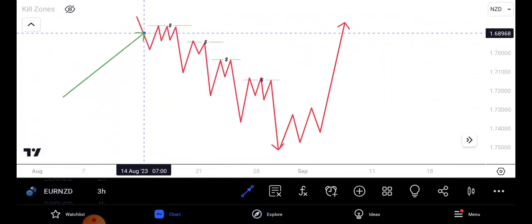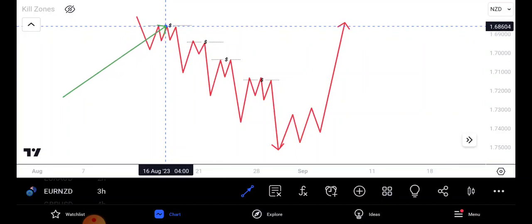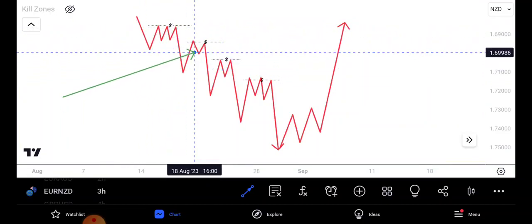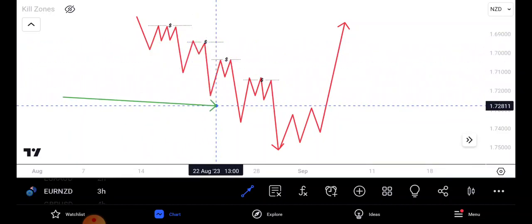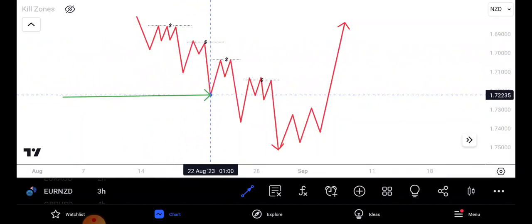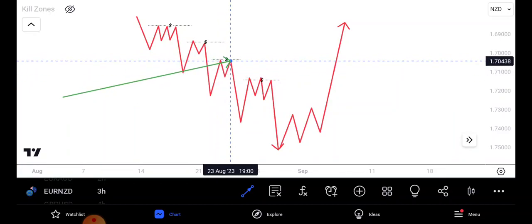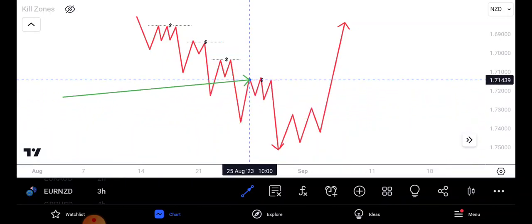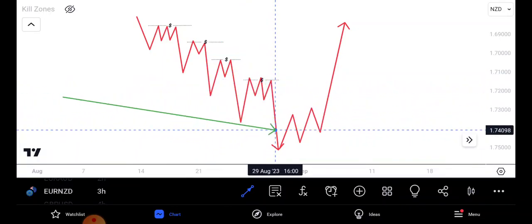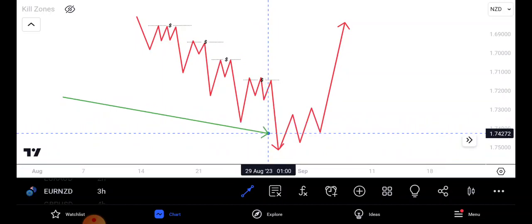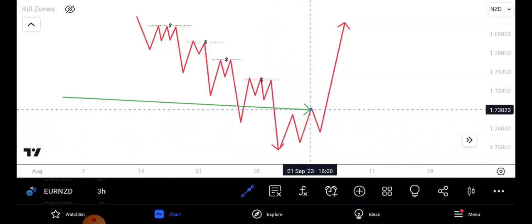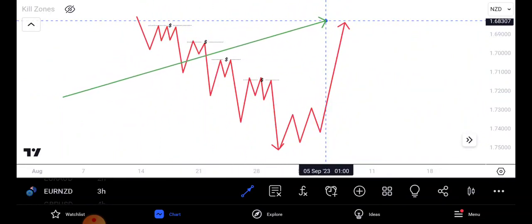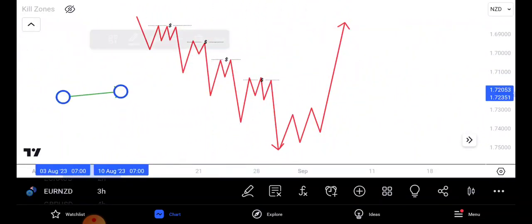The market is coming down, it creates equal highs, and then pushes down, breaks structure, creates equal high liquidity, pushes down, breaks structure, and then all of a sudden you see the market sweep out all the liquidities. So this is what liquidity looks like.